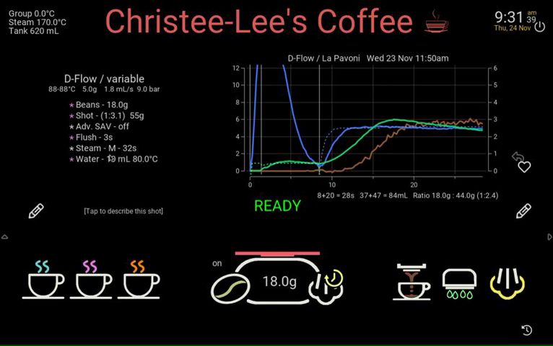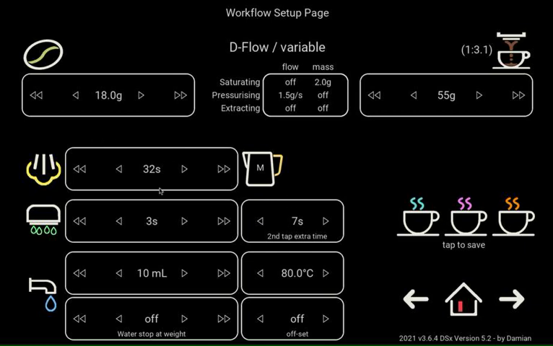So if I go into the workflow page, I can turn that steam to off by scrolling down that timer towards 0, and we'll turn off. So if I'm making some drinks that don't require steam and some drinks that do, I can set up the favourites according to those drinks. So let's do that for an example.